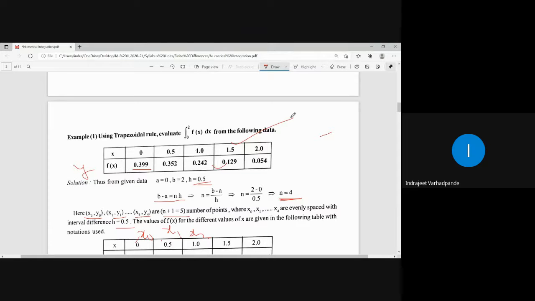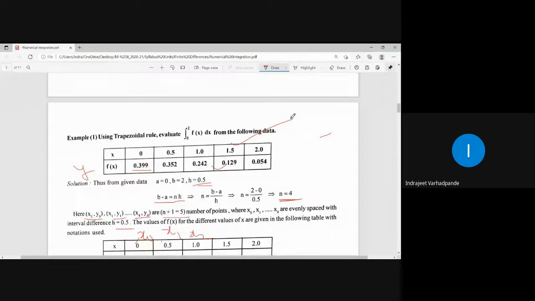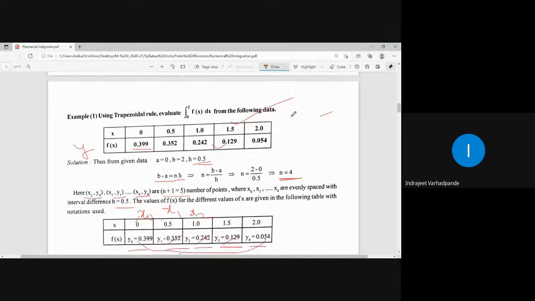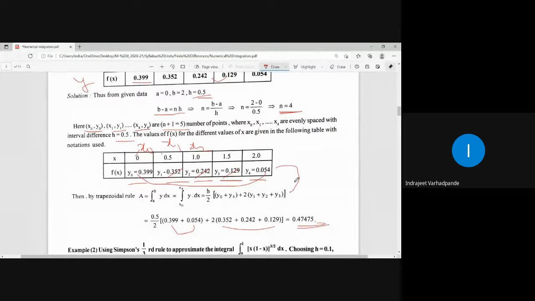So depending on the interval of differencing, I will find the n plus 1 points, get those values and check how the table will be formed, because I am not interested in the values of x, I am interested in the values of y, which are for the corresponding x in the formula to get the simplification of that integration.